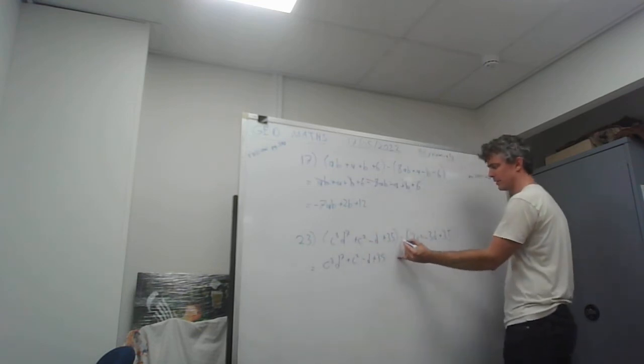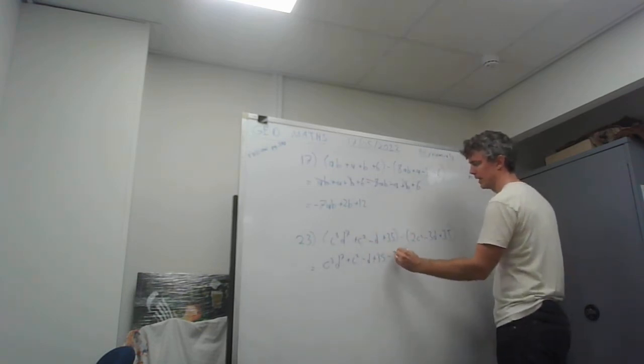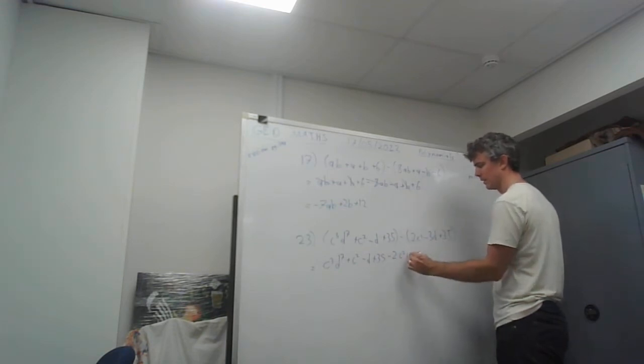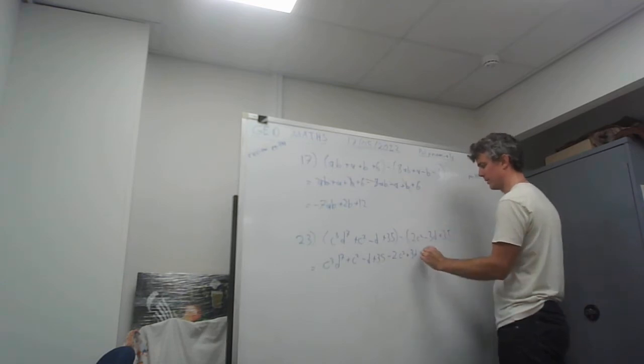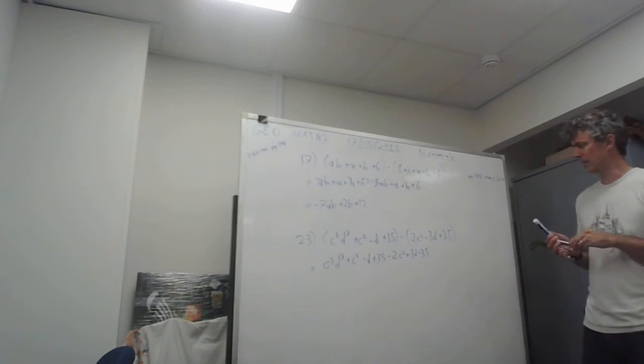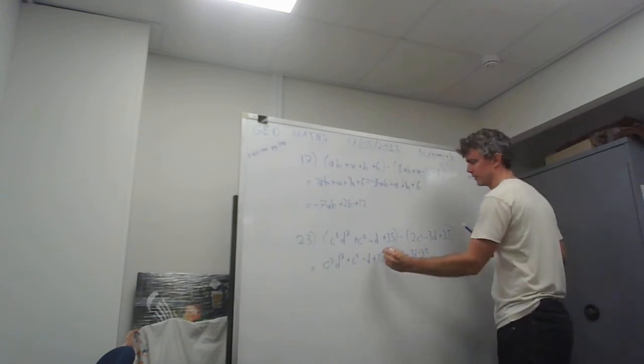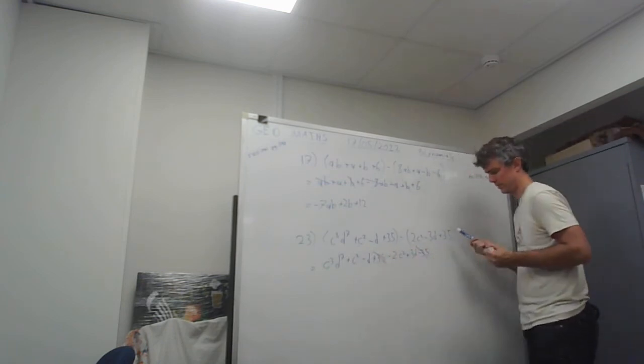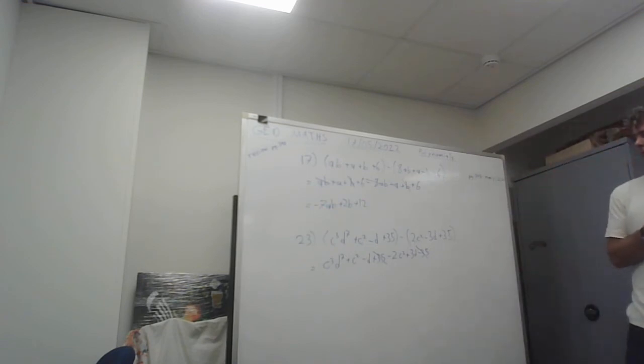And now minus 2C squared, so plus C squared becomes minus 2C squared. Minus minus 3D becomes plus 3D. Minus 35. Okay? So the 35 and 35 are going to cancel. We know that immediately, because 35 minus 35 is 0.